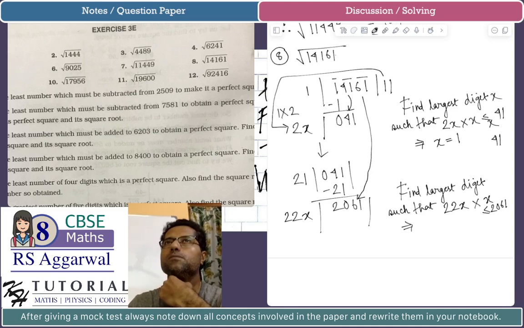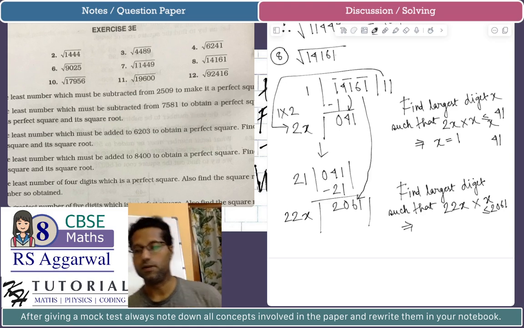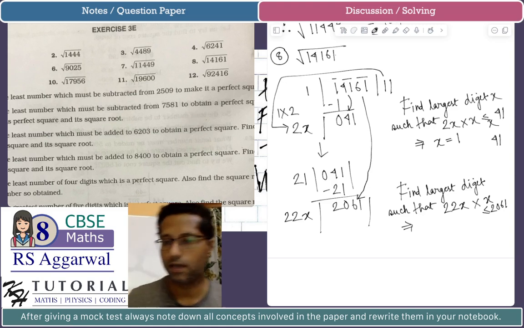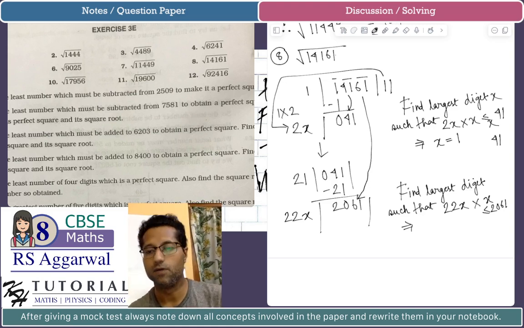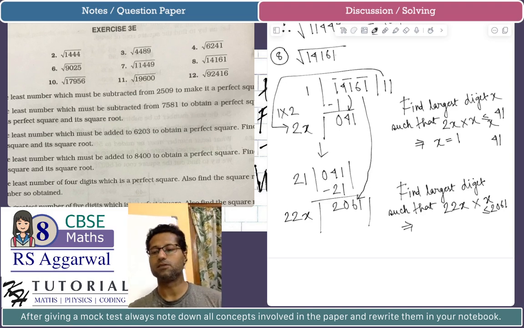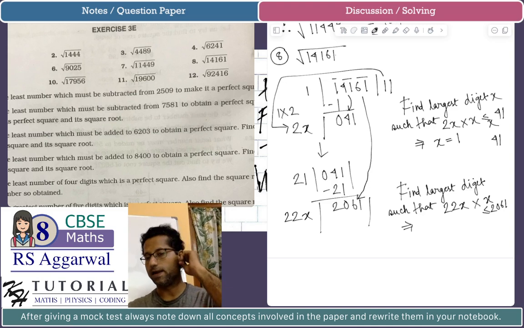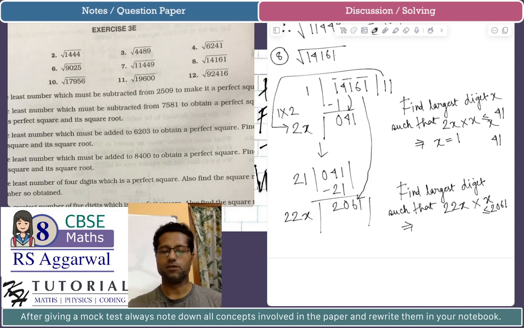The 2061 is a 4-digit number, and 22x is a 3-digit number. We can take something like 8. Will 8 work? Let's check out 9, because the last unit digit of 2061 is 1, and we have learned from the previous videos on the properties of squares that if a perfect square ends with 1, then the number whose square it is will possibly end with 9.